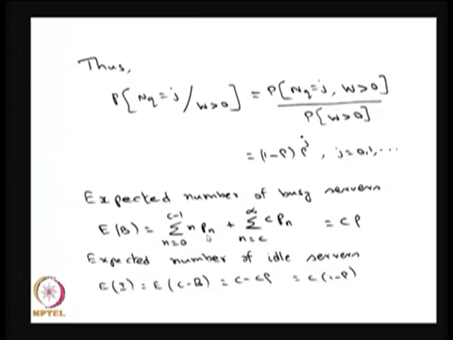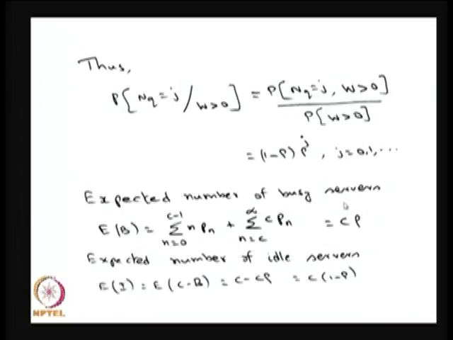That means whenever the system size is less than C, only that many servers are busy. Whenever there are n or more than C customers in the system, all the C servers are going to be busy. Therefore, C times Pn. If you simplify, you will get C times rho. So that is the expected number of busy servers.